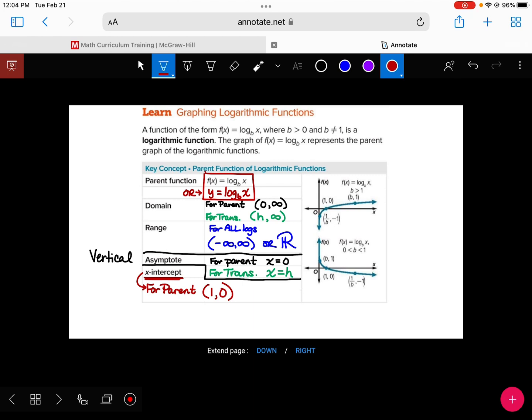So for exponentials, what we just took our test over, it had a y-intercept of 0, 1. This has an x-intercept of 1, 0. It's just flipped. We switch the x's and the y's. The same thing happens with my domain and range. We switch those. We use h instead of k because h tells me about left and right things. K told me about up and down things.